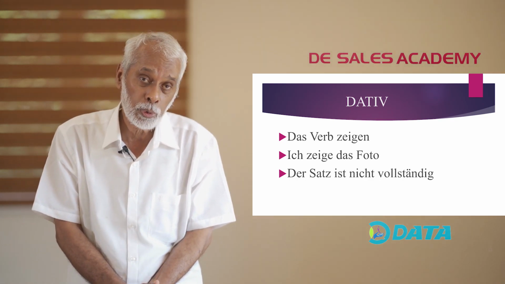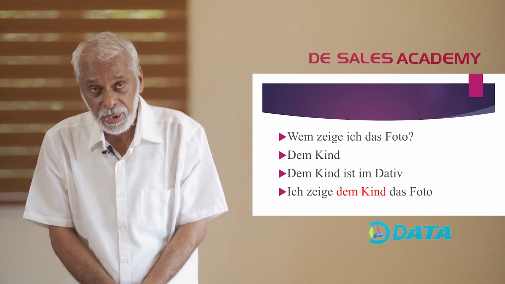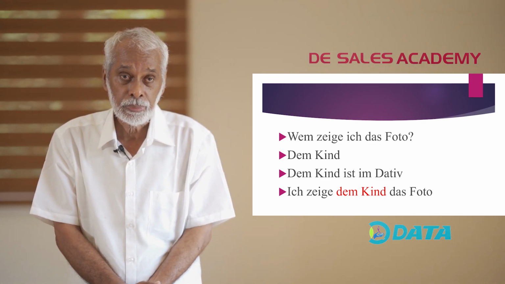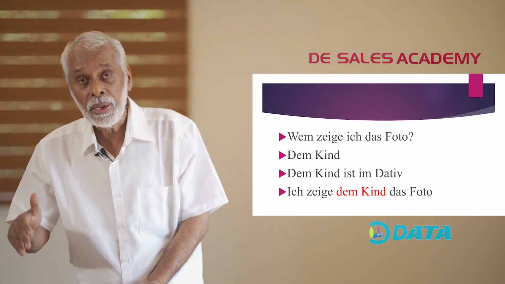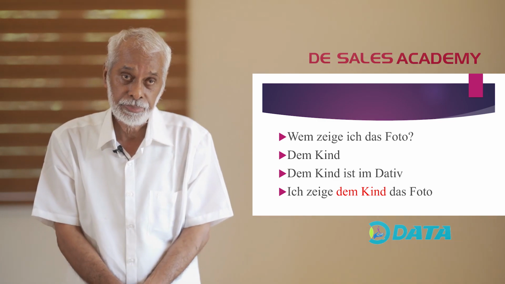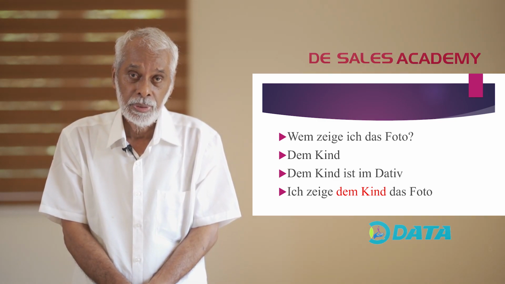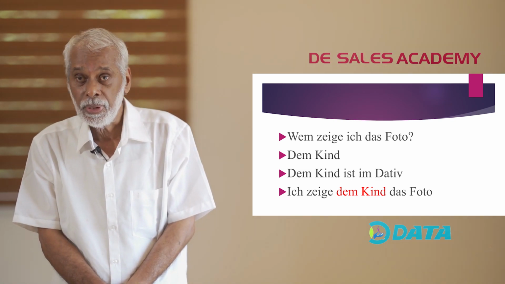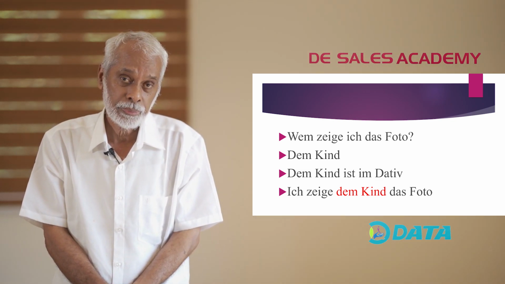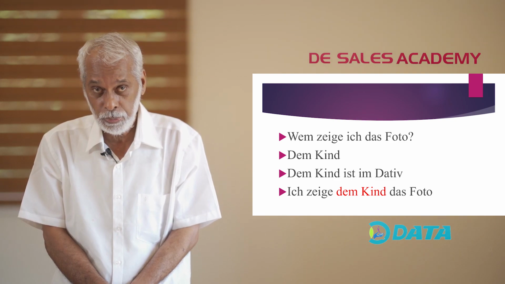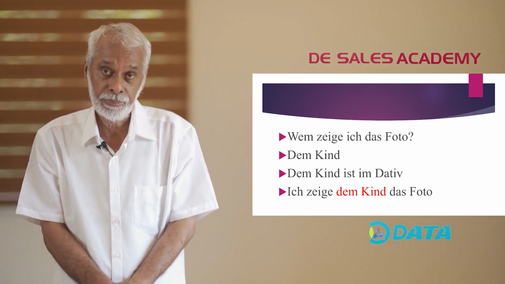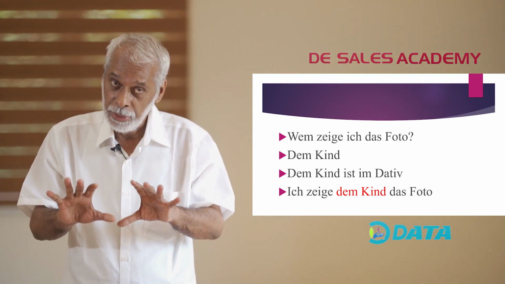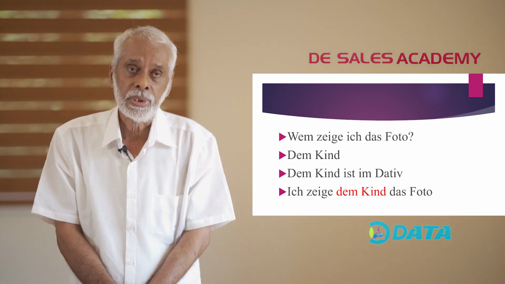Whom are you showing the photo? Wem zeige ich das Foto? Dem Kind. Ich zeige dem Kind das Foto. I am showing the photo to the child. Now the sentence is complete.